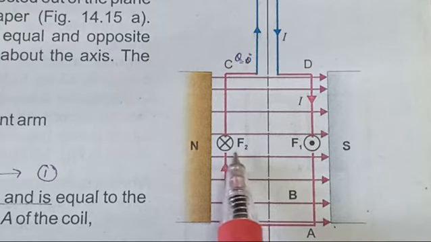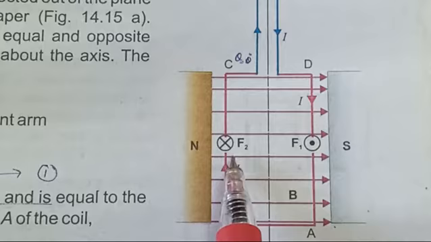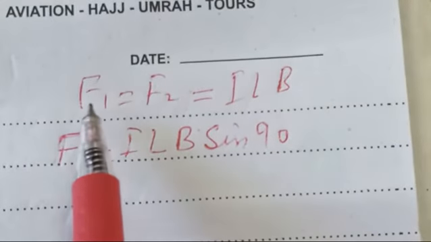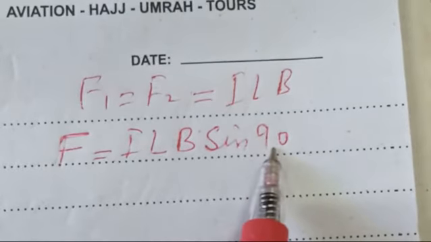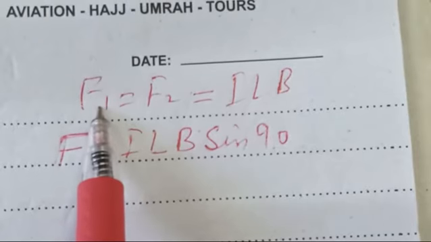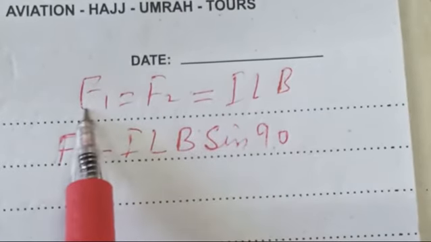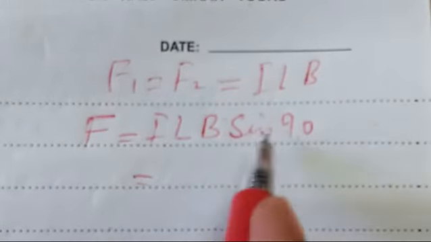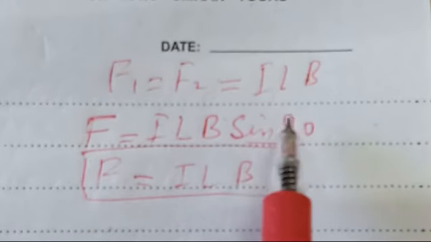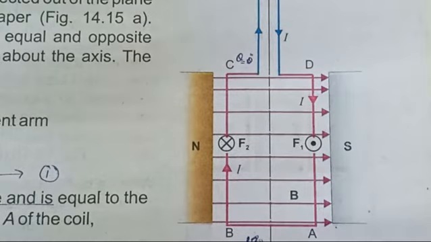So F1 is equal to F2 is equal to ILB. How? As theta is 90 degree and sin 90 gives the maximum value 1. So the force F1 and F2 along the two perpendicular sides AD and BC is ILB sin 90, that can be written as ILB. So F is equal to ILB along the two sides, AD and BC.